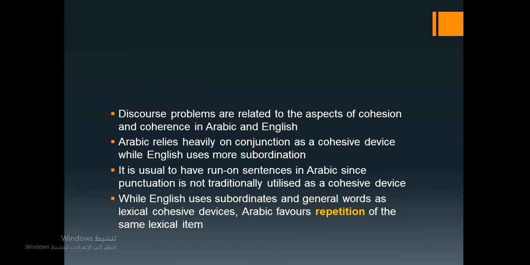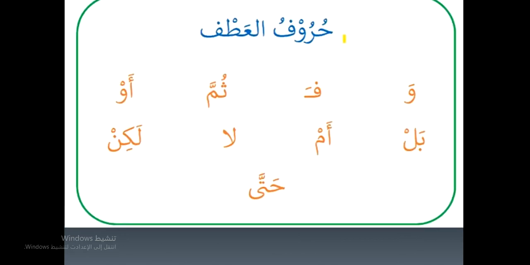Okay. Now regarding narration, there are some discursive problems which are related to the aspects of cohesion and coherence in Arabic and English. Arabic relies heavily on conjunction as a cohesive device, while English uses more subordination.